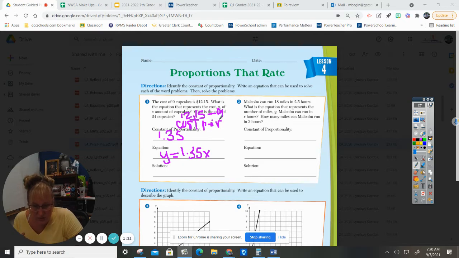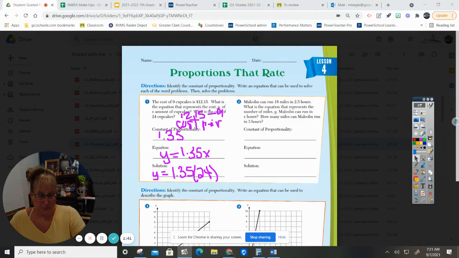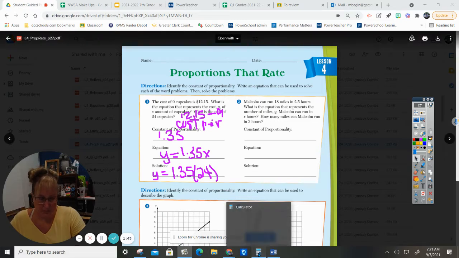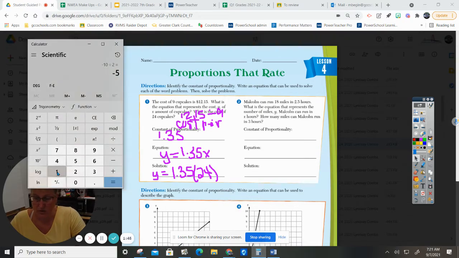Then it wants to know what the cost of 24 cupcakes is. So I will have to solve that by substituting 24 into x. So $1.35 times 24. And I do believe that is $32.40. But let me get my calculator open. There it goes.